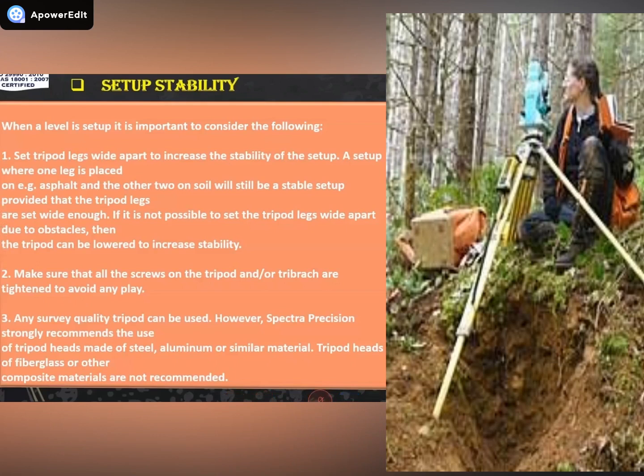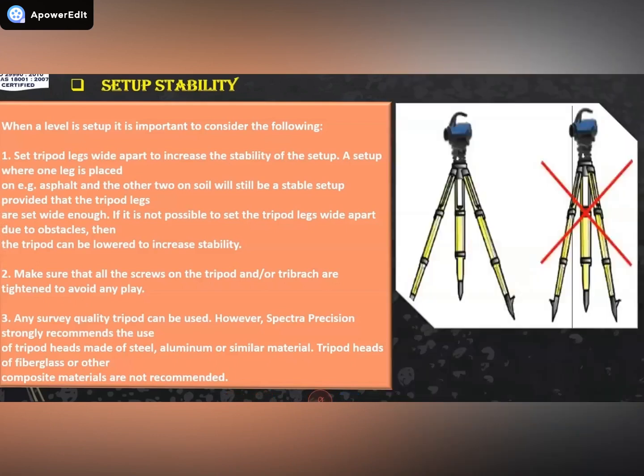Okay, and it will take some 2 to 3 minutes. And in case of field, when you are going to the field, you have to do leveling of 8 kilometers per day. For that, you have to set the instrument 60 or 70 times.